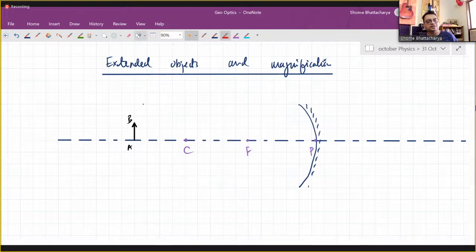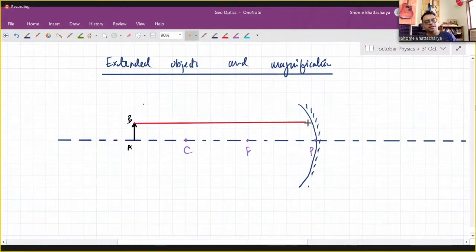Then to understand where its image is, we can of course use the UV formula, but we can also understand from a ray diagram that any ray parallel to the principal axis after reflection will pass through the focal point. So that's how this ray goes.